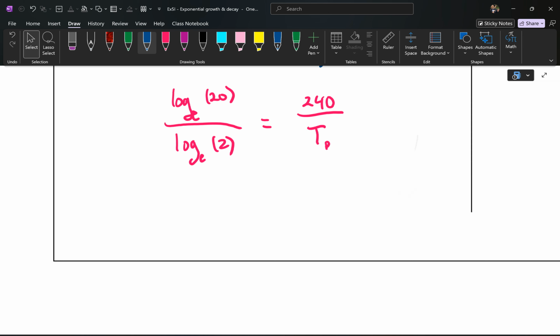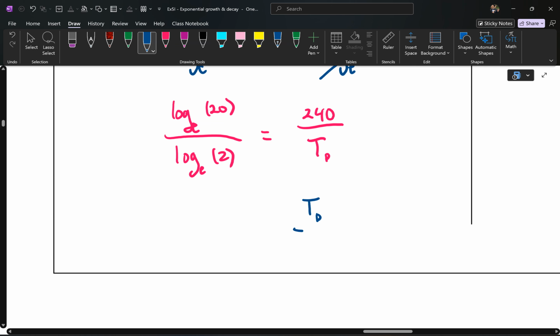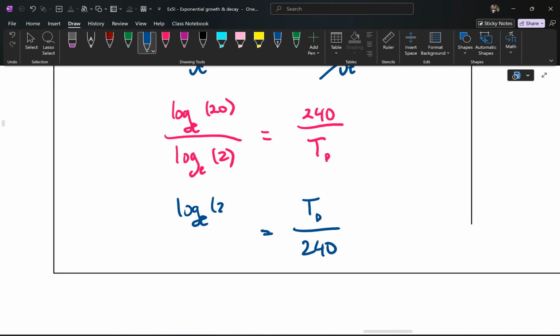So by doing that, you can get TD over 240 is equal to log E of 2 over log E of 20. The reason why I like to teach students that is that it makes your life easier, whereas before, with Joe's technique, you still end up with the 1 over TD. And for some students, that could be a bit intimidating.